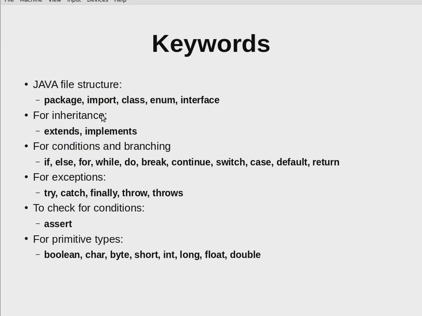Then Java has many keywords which are reserved for specific needs, and you cannot use keywords to name your variables, your methods, etc. These are about Java structure, inheritance, conditions and branching, exceptions, assertions, and primitive data types.